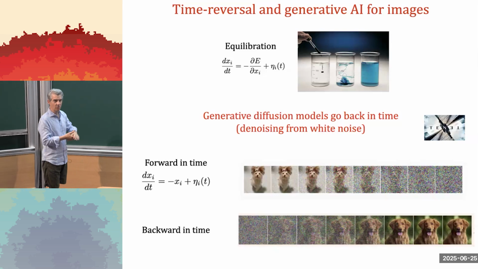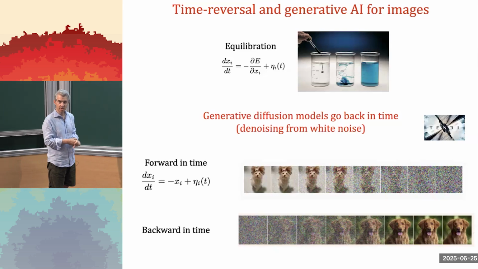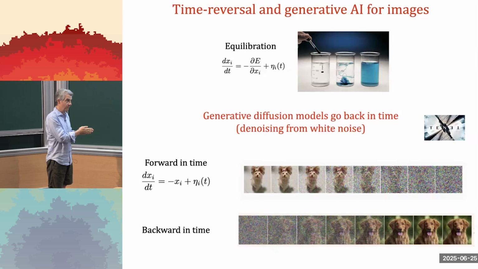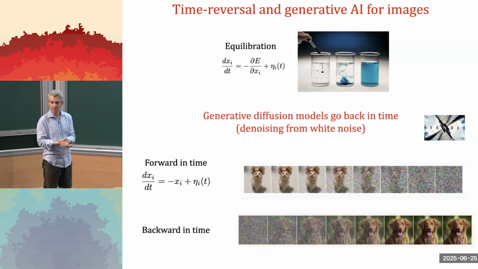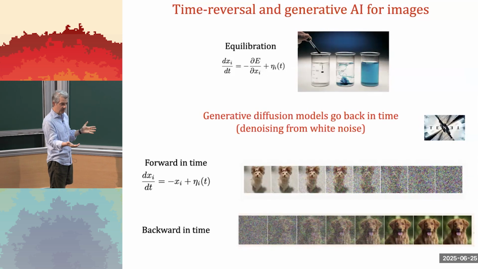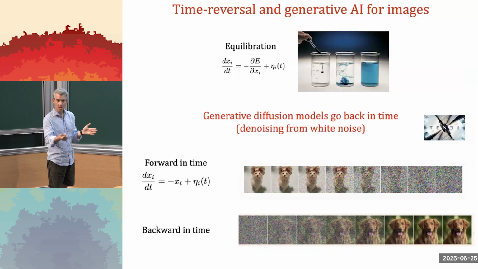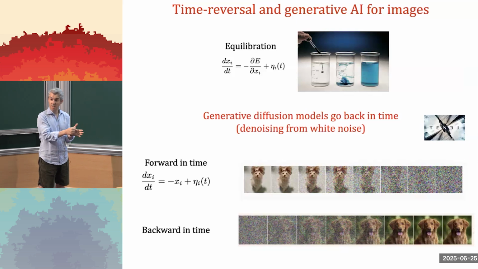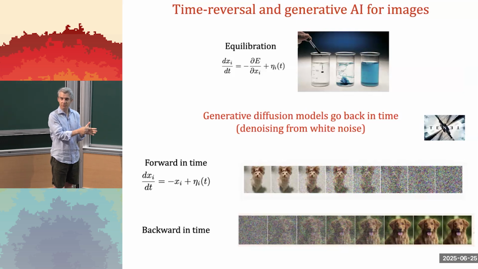Now imagine that you are able to time reverse this process, really from the point of view of the probability distribution. You start from the probability distribution of dogs, you transform it into Gaussian white noise. And now if you know how to do the time reversal, I can pick a white noise configuration, run the time-reversed process, and this will give me a new configuration of the original distribution, in this case of dogs.